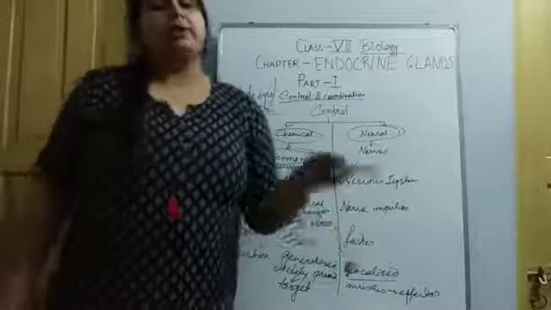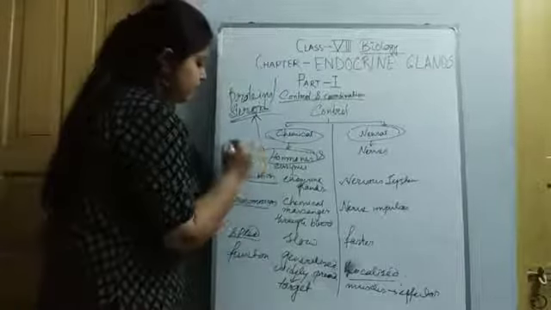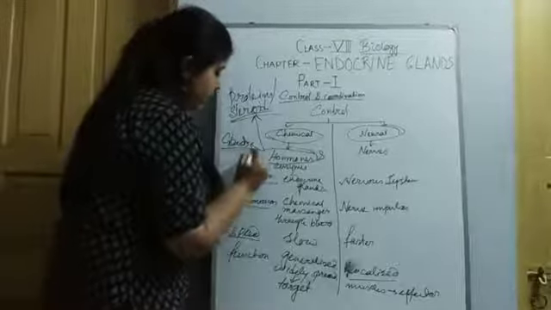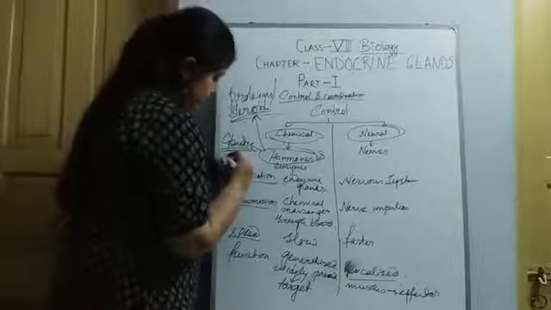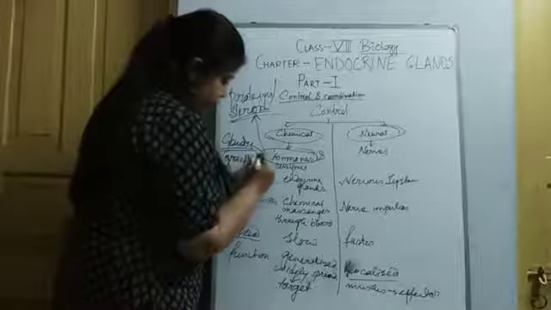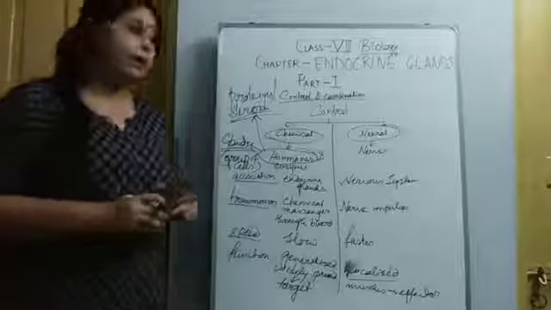Now, from where are the hormones secreted? The hormones are mainly secreted from the glands. And what is a gland? A gland is a group of cells.